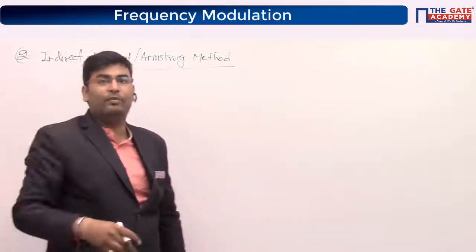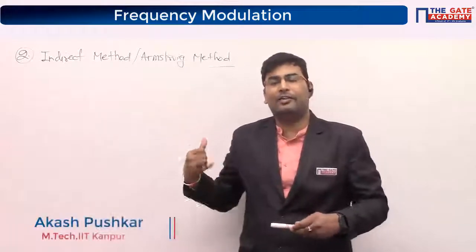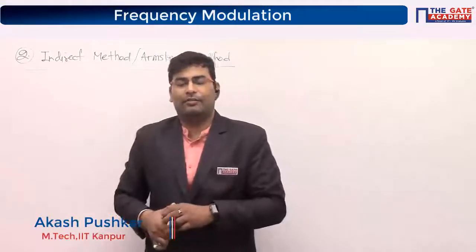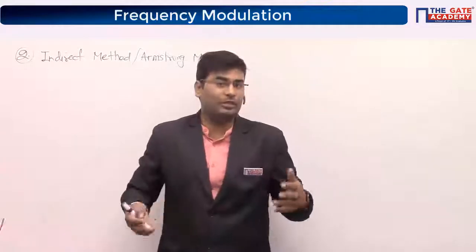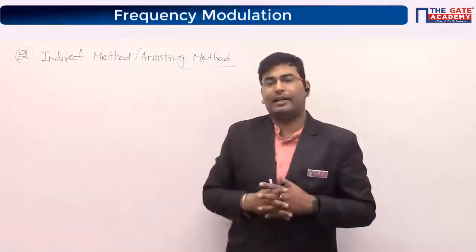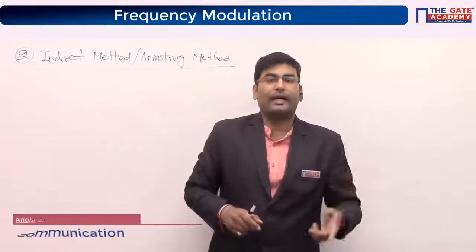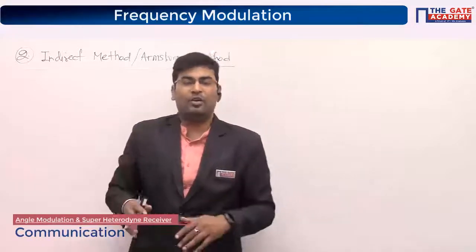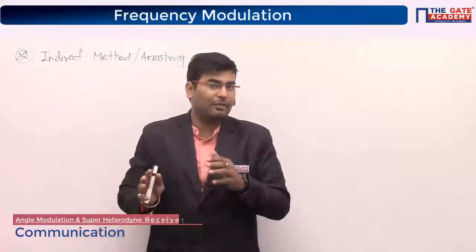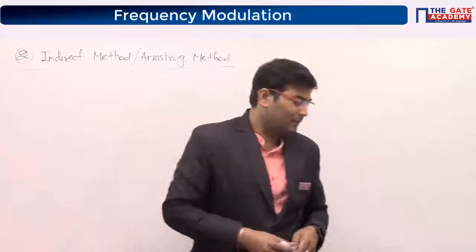Guys, why do we call it the indirect method? Because in the earlier method, we were able to generate the frequency modulated signal directly. We were using a VCO and doing it. In this method, first we will generate a narrowband FM, and then we apply a frequency multiplier. It's a block which converts narrowband FM into wideband FM. That's what we do in the indirect method.